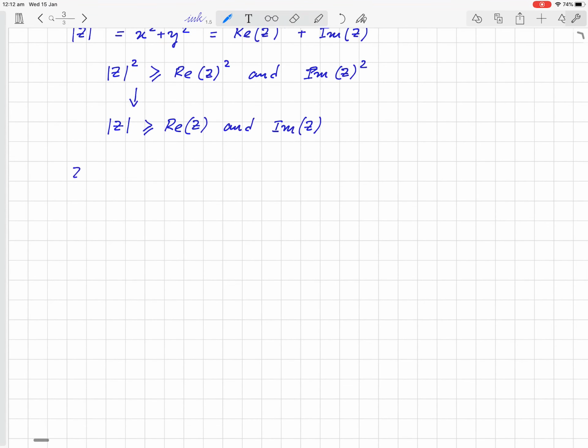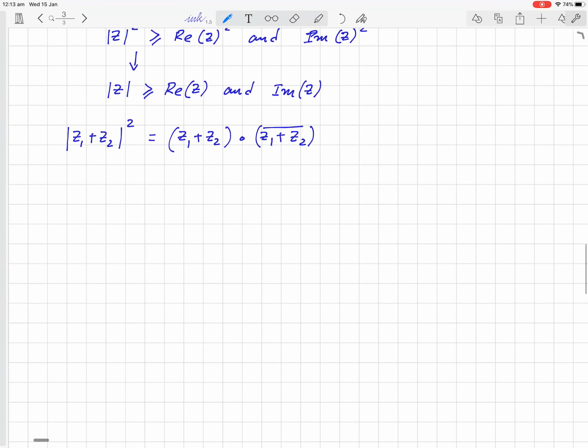So we have |z1 + z2| squared, which we can write as (z1 + z2) times the complex conjugate of the whole thing, (z1 + z2) conjugate. Furthermore, we can simplify this.